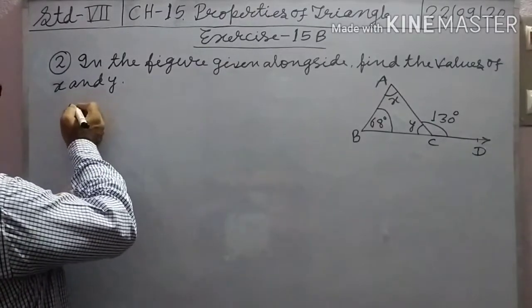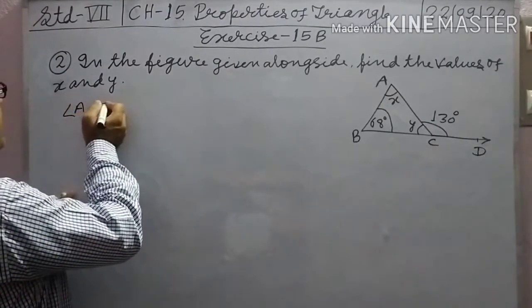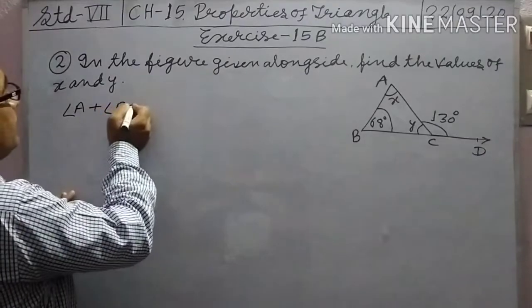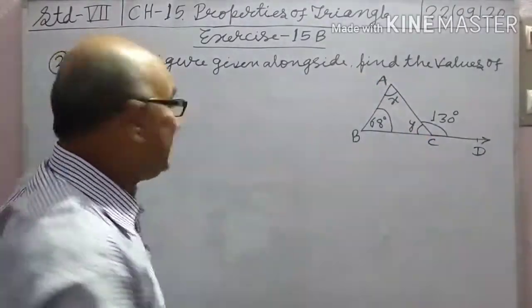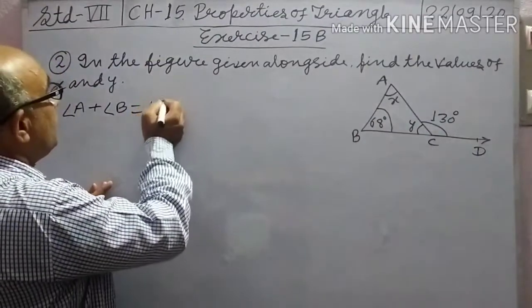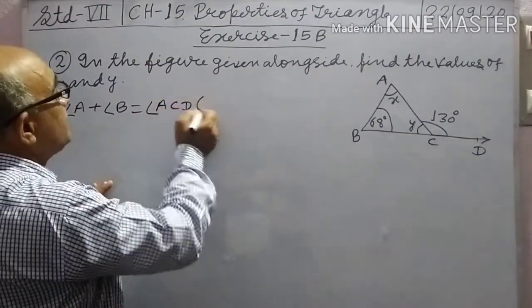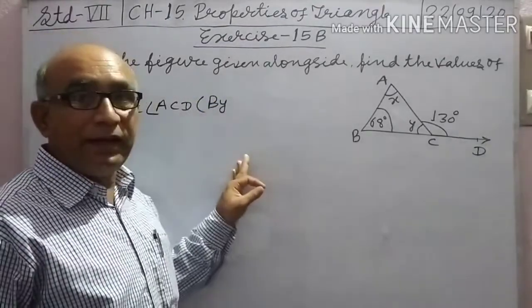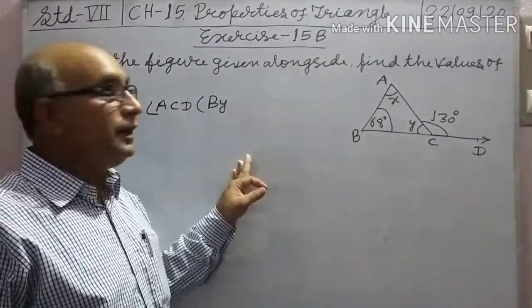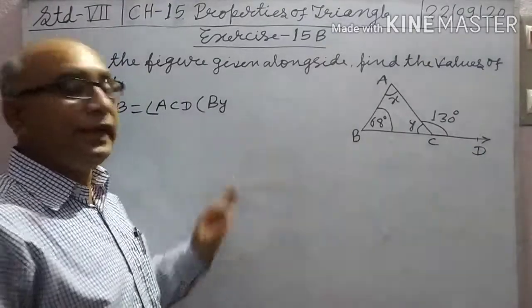Angle A plus angle B equal to angle ACD. We know that exterior angle is equal to the two interior opposite angles.